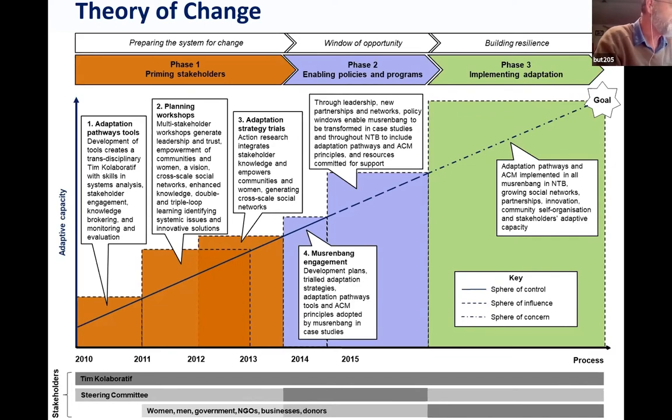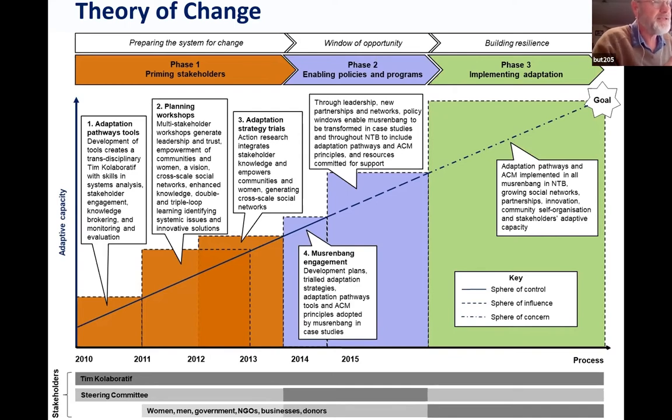And phase 2 is we assumed that that process, by engaging all the stakeholders, would then end up with the partners, particularly the government planners and politicians, taking up these ideas and implementing them through their planning processes, community development planning processes, which is called musrembang in Indonesia.